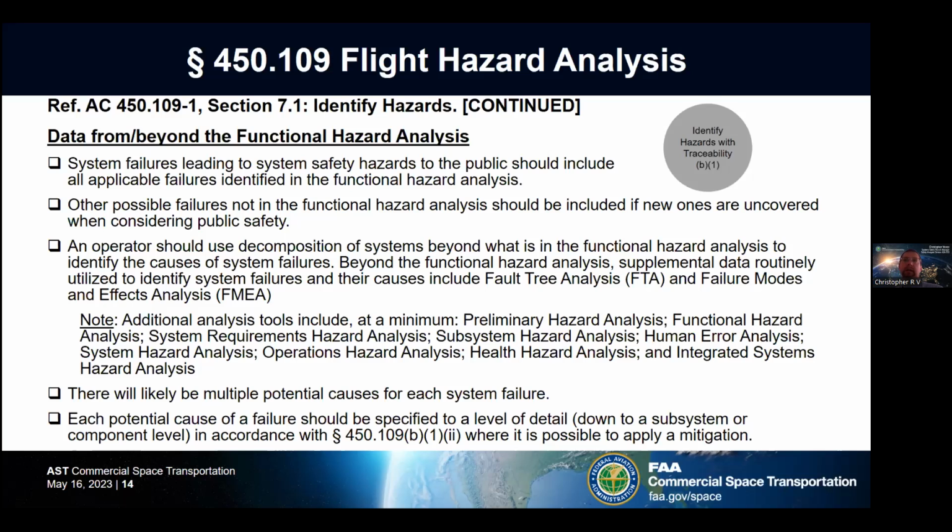Such supplemental data could come from fault tree analyses or failure modes and effects analyses. Additional analysis tools could include preliminary hazard analysis, system requirements hazard analysis, subsystem hazard analysis, human error analysis, and so on. There will likely be multiple potential causes for each system failure. Each potential cause of a failure should be specified to a level of detail where it is possible to apply a mitigation.